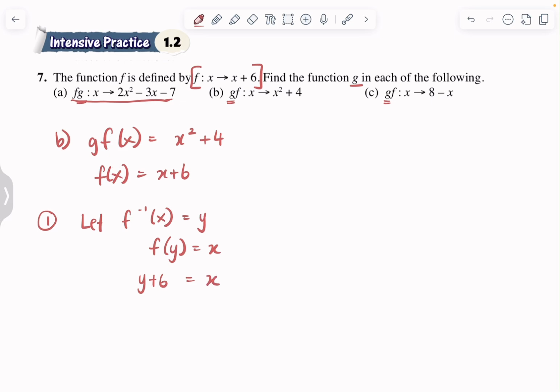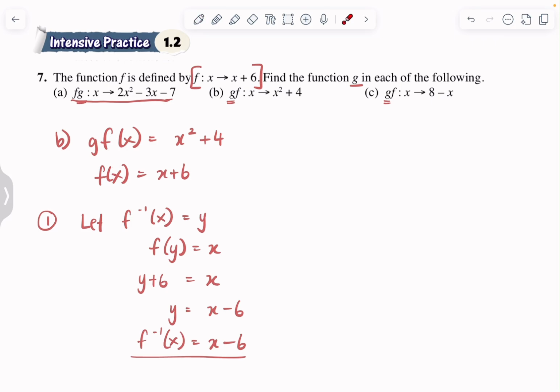y plus 6 equals x. Remember just now we defined f inverse(x) equals y. So now if we find y, we will get the f inverse(x). So make y the subject, and this will be f inverse(x).